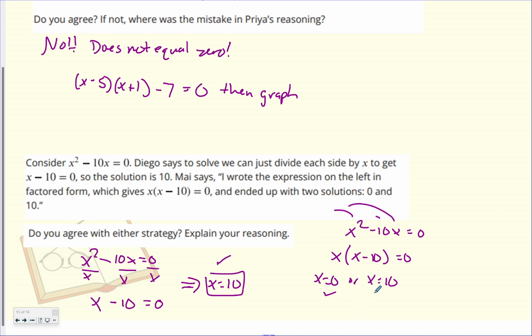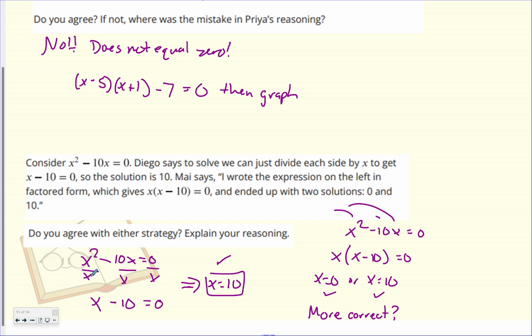So, because we know 10 works, and 0 also works in this equation, Maya's must be correct in this case. Well, it was more correct, because it looks like we have two valid solutions instead of just one. So one of these solutions went missing with Diego. Do you know why?